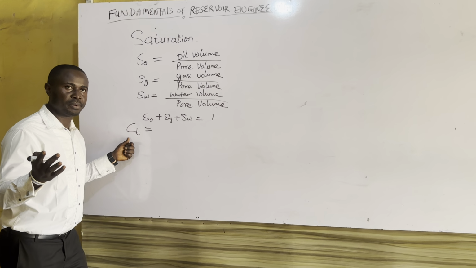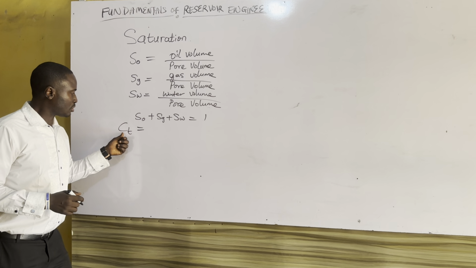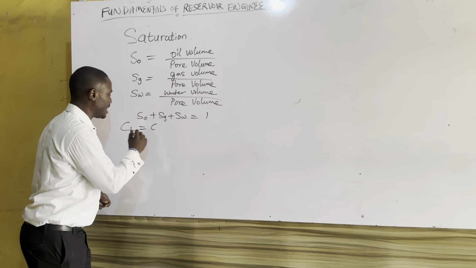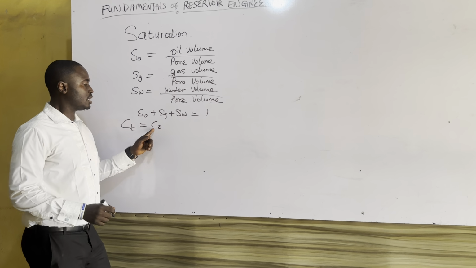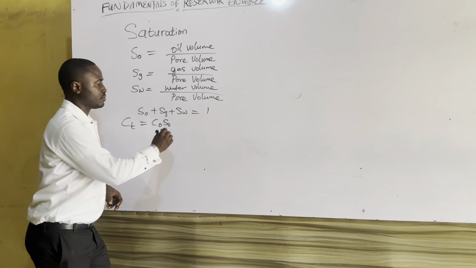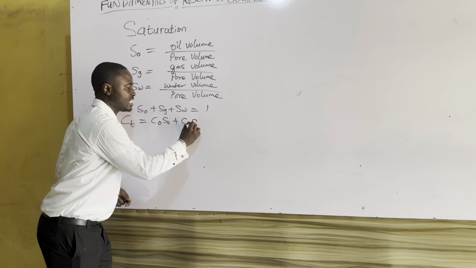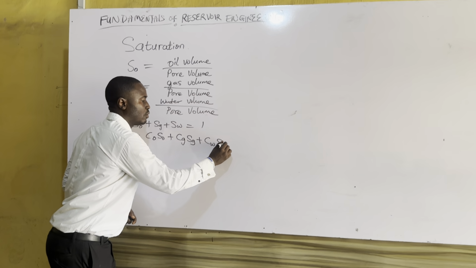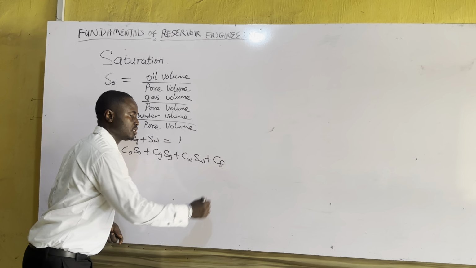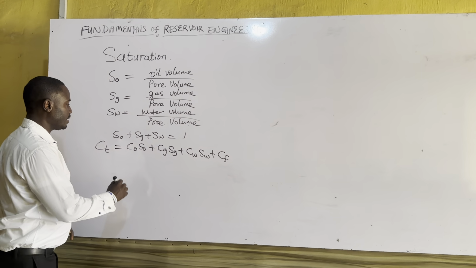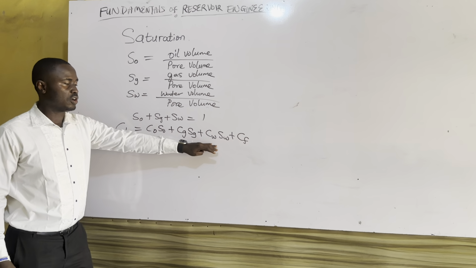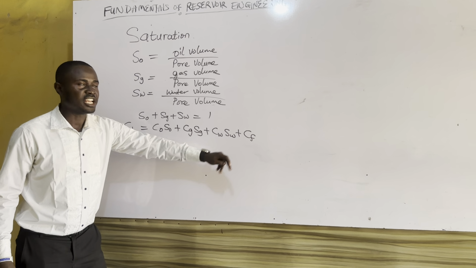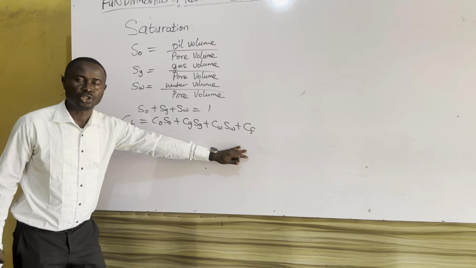We looked at various types of compressibility, and today we are saying that the compressibility can be related to the saturation using this formula: the total compressibility is equal to the compressibility of oil and the saturation of oil, plus the compressibility of gas and the saturation of gas, plus the compressibility of water and the saturation of water, plus the formation compressibility. Okay? This is valid for a saturated reservoir where the reservoir is below the bubble point pressure condition.